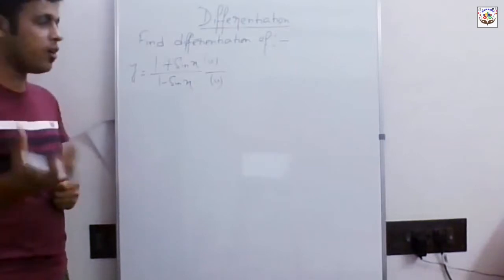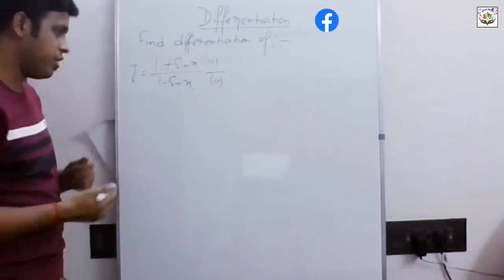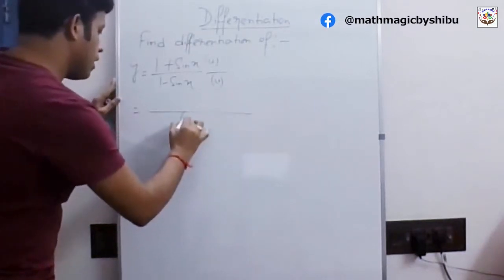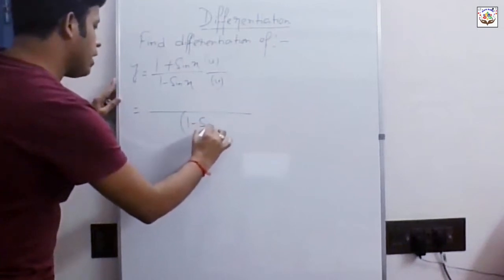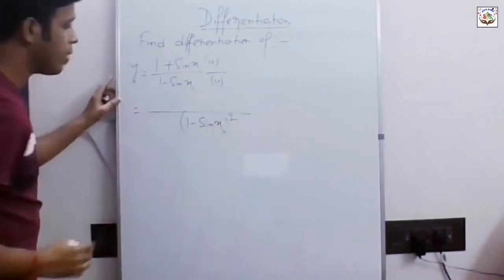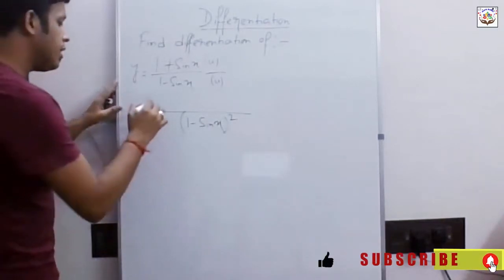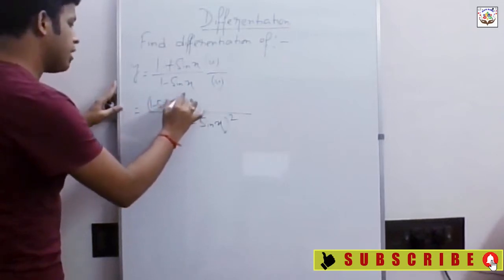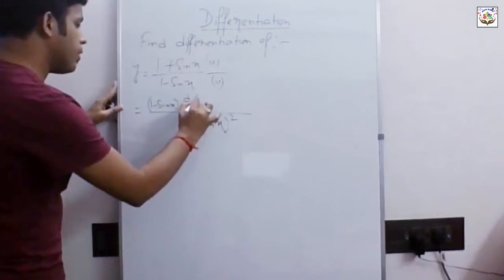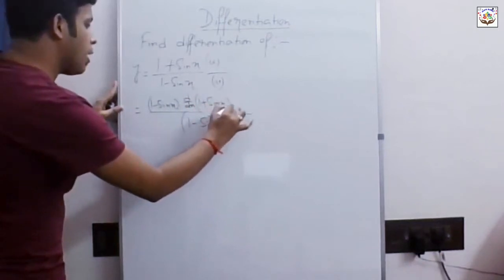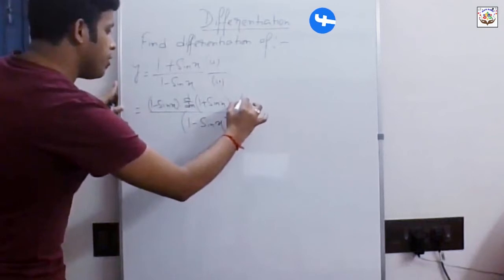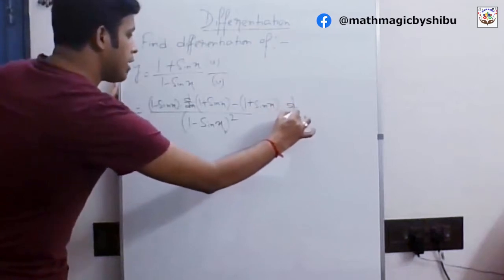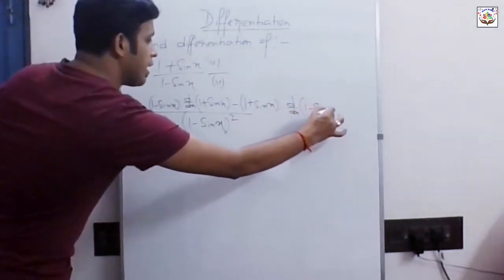So we know the formula of d dx of u by v, so I am expanding it in that way. In the denominator we write v square, which is 1 minus sin x whole square, and in the numerator it will be v into d dx of u, that means 1 minus sin x into d dx of 1 plus sin x, minus u into d dx of v, which is 1 plus sin x into d dx of 1 minus sin x.